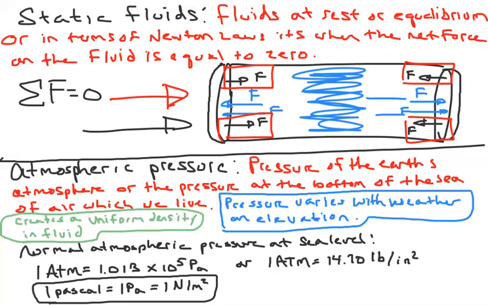In order to describe those situations, we have to first start with a discussion of atmospheric pressure, because what if I have a fluid that isn't in a sealed container? How does that relate to no net force still? Well, that all has to do with atmospheric pressure.